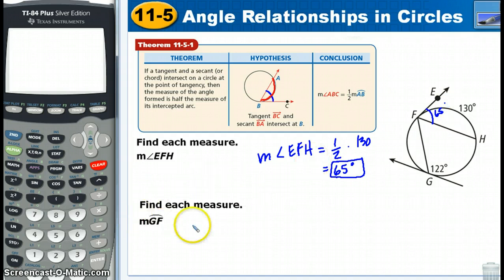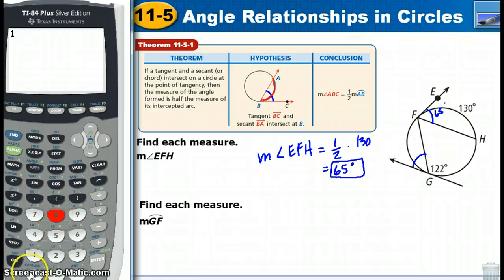In the next problem down here, we're finding the measure of GF. What we need to do is find this angle here, and then double it to find the measure of the arc. This time it's a little tricky because we first have to calculate 180 minus 122.